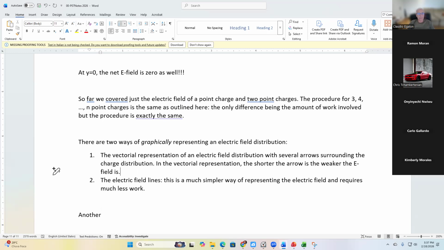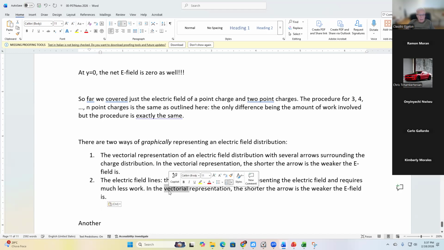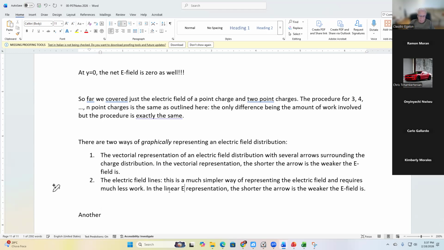Okay? In the linear E field representation, the further the lines are away from each other, the weaker the electric field is.